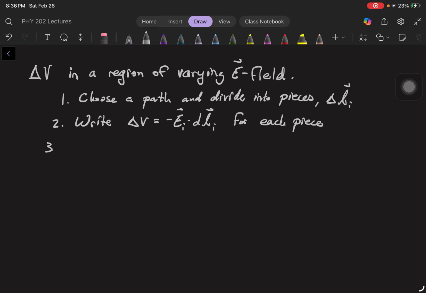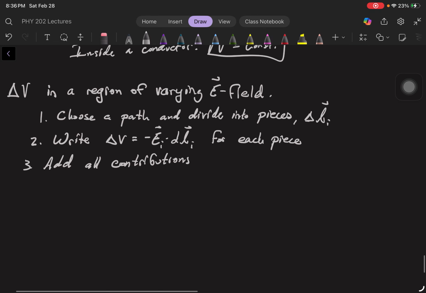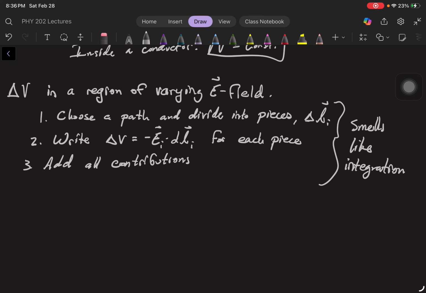And then add all contributions. And so this whole process here, this just smells like integration. All right, y'all smell that? That's integration in the air.